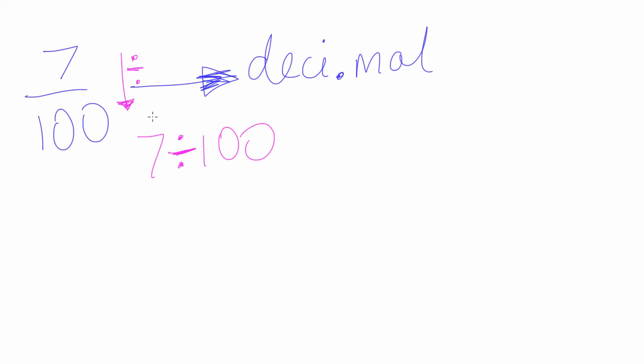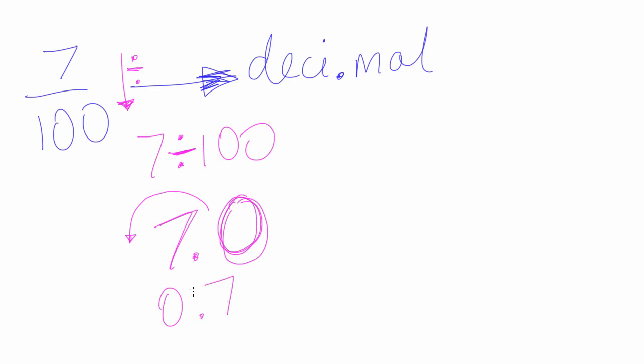When you divide by 100, the decimal point is going to change places to make it 100 times smaller. So instead of having 7.0, and we usually keep these invisible because we don't use them usually, the decimal point makes the number smaller if it's on this side. So instead of 7.0, we get 0.7. It goes from unit to tenths, and if we move it one more time, it goes to hundredths.